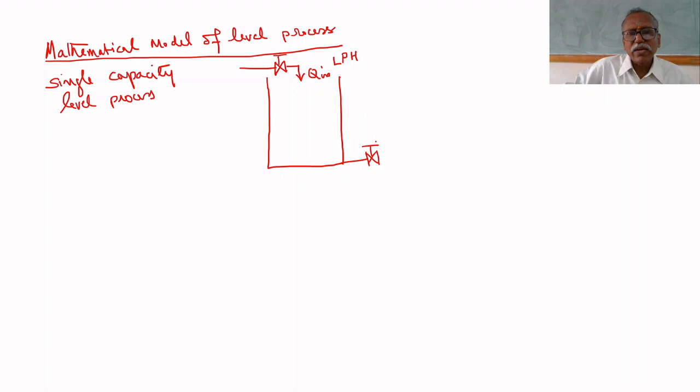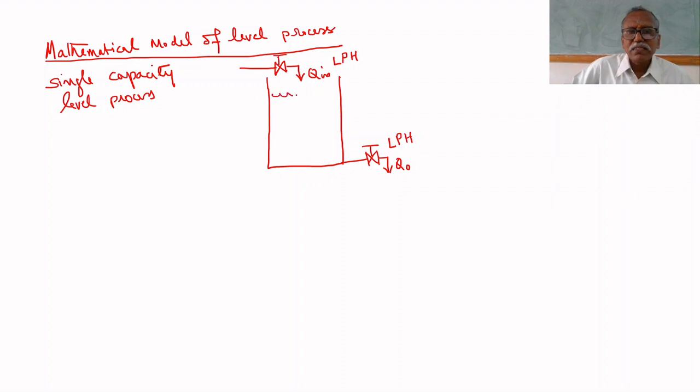The outflow rate is Q out, also in liters per hour. Liters per hour means volume flow rate. Kg per hour means mass flow rate.